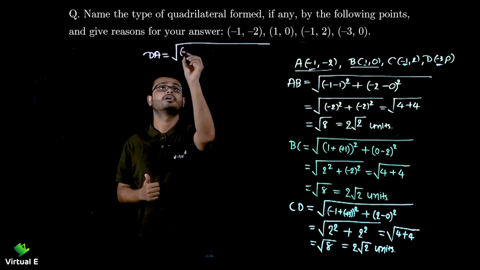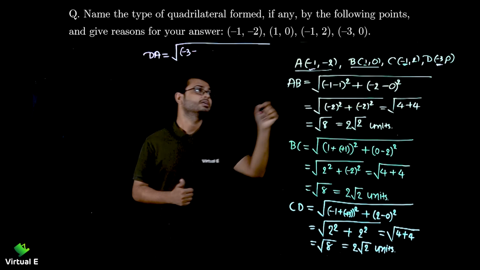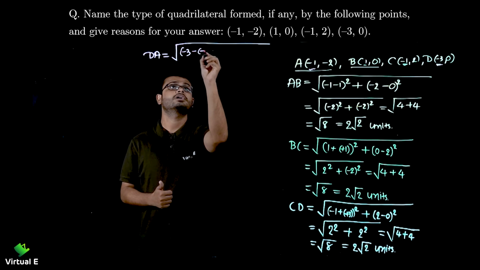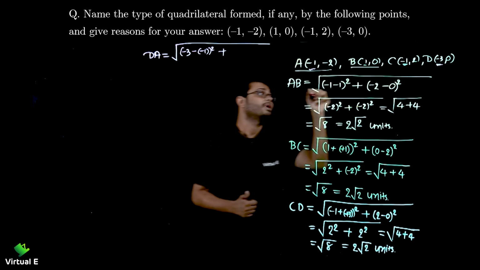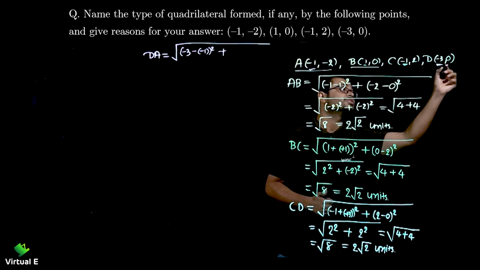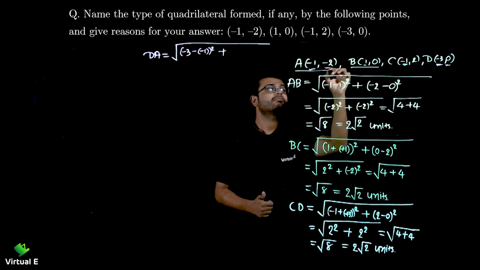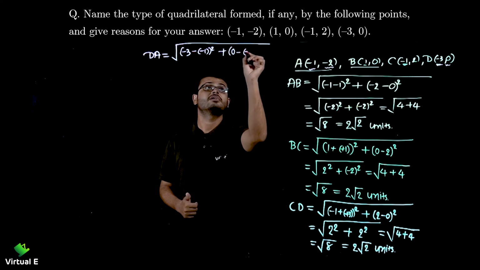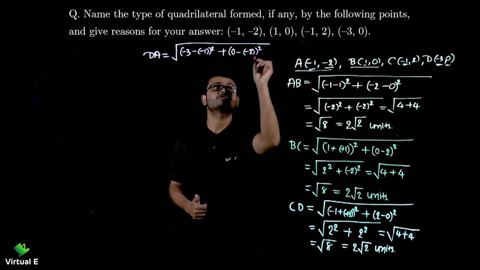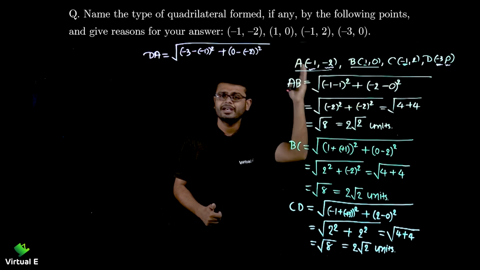So let's start. Minus 3 minus, then one more minus will come, yes, of coordinate sign, plus my y1, which is 0 in this case, and my y2 minus 2. So 0 minus minus 2. Why minus 2? Because coordinate sign is negative.